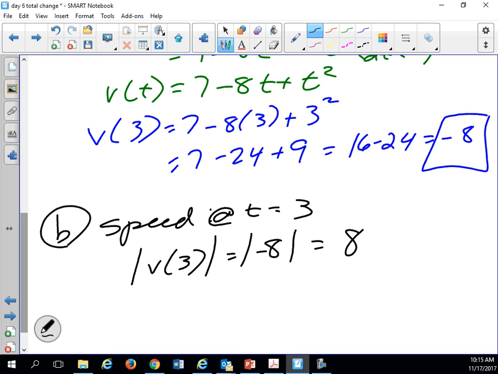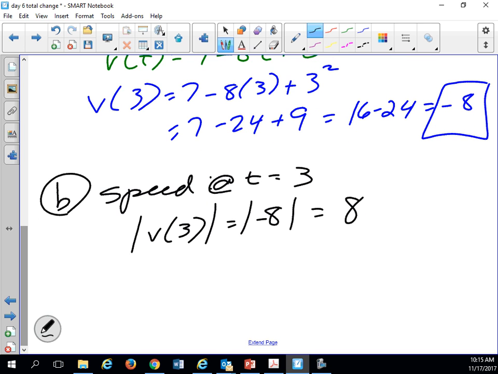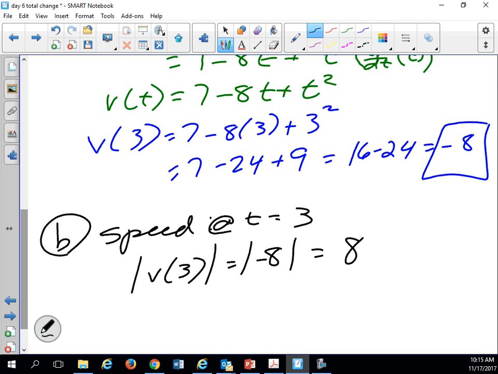The next one is, is it speeding up or slowing down? How do I figure out if speed is speeding up or slowing down? Find the velocity and the acceleration. Fabulous. I got velocity. I just need acceleration. A of t is negative 8 plus 2t.